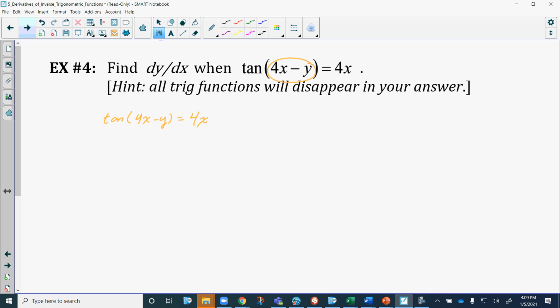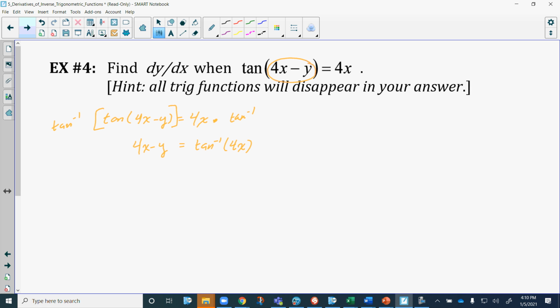So we take the inverse tan of both sides, here and here, we're going to take the inverse tangent of both sides, and that will leave me 4x minus y on the left side to be equal to tan inverse of 4x.